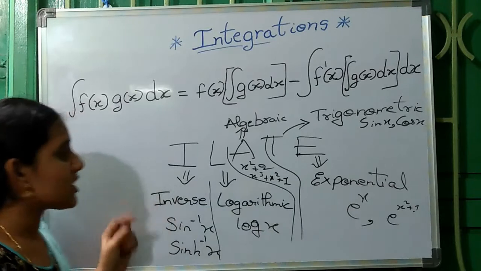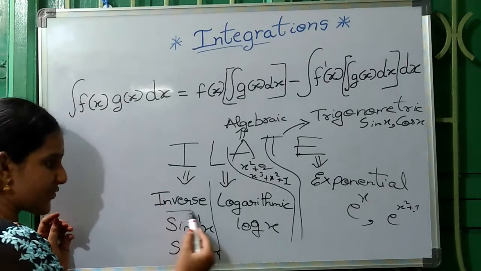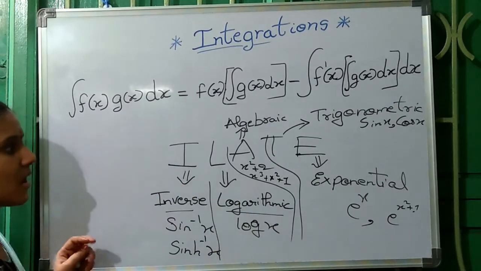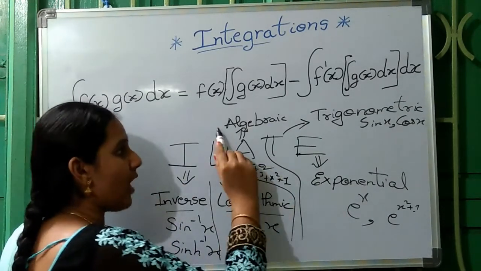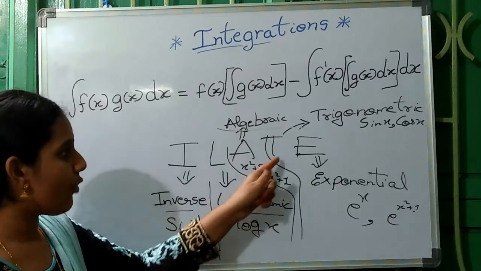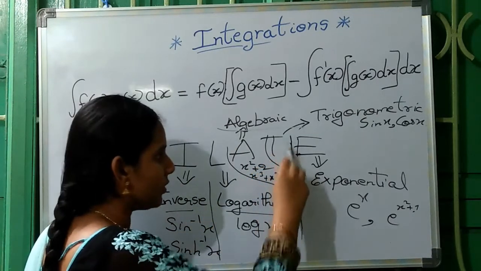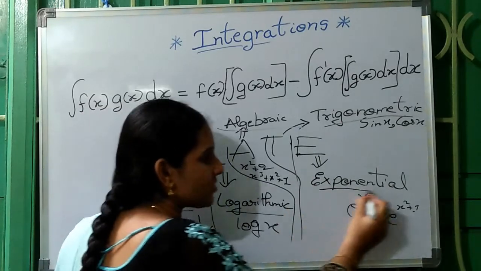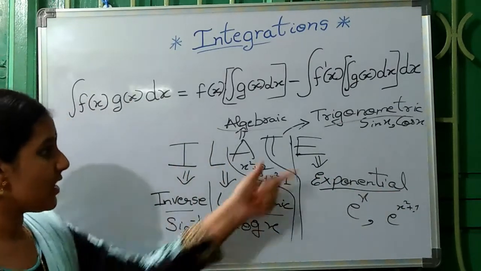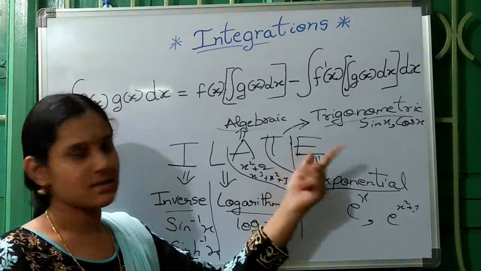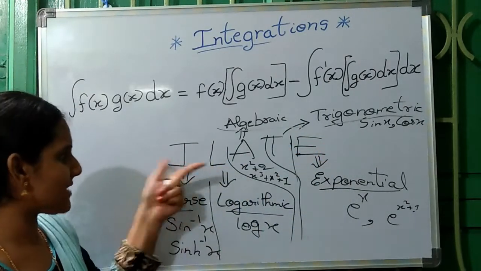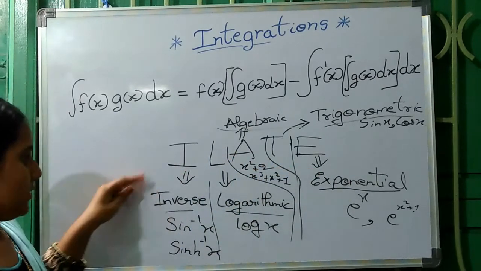First priority is given to inverse functions, second to logarithmic functions, third to algebraic functions, fourth to trigonometric functions, and finally last priority to exponential functions. Generally these may interchange, but for remembering purposes we think like this: ILATE.